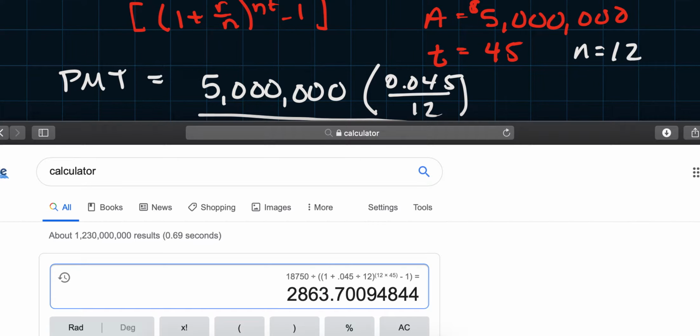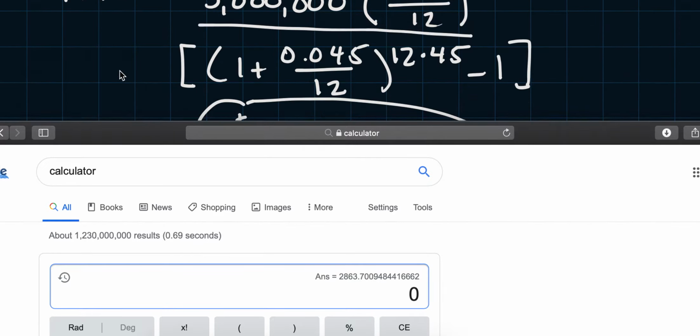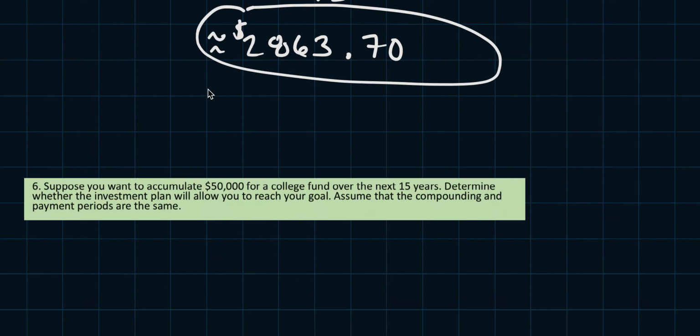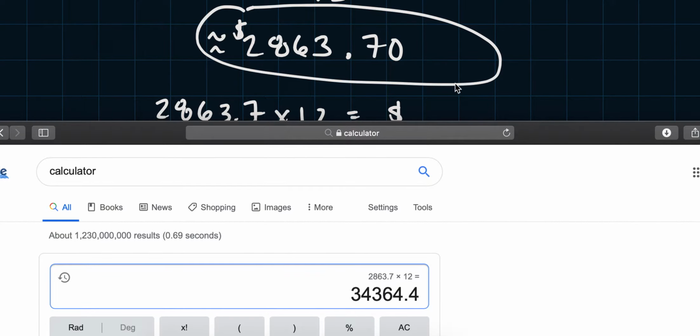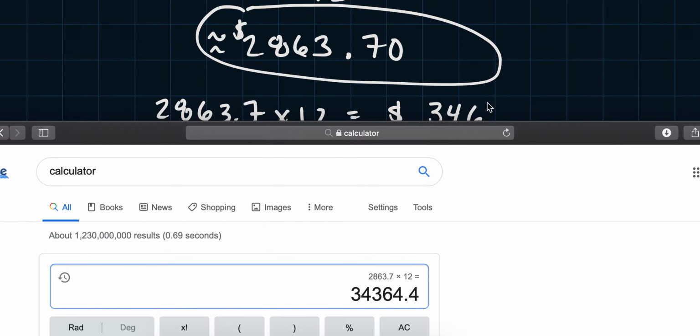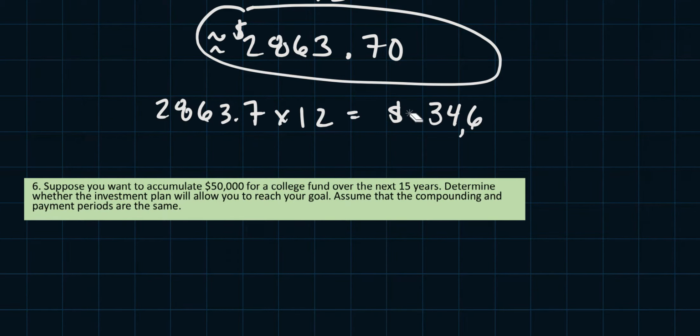How much money would you have to be making? Let's see, $3,000. Let's do the amount we got. 2863.7 times 12. If I just put this 2863.7 and multiply it by 12, I would have to have 34,364.4.